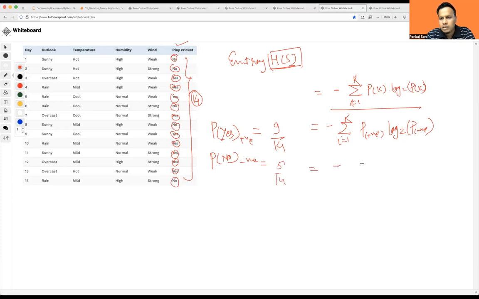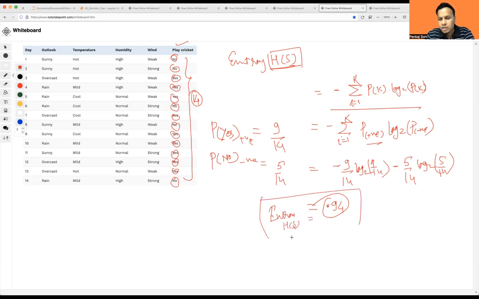Put it in the formula: positive is 9 by 14, log base 2 of 9 by 14, minus 5 by 14, log base 2 of 5 by 14. If you do the complete calculation, we get 0.94. This is the entropy of the given data for the categorical value.